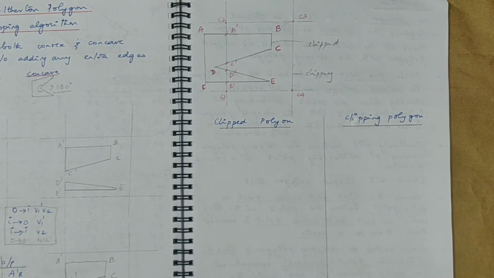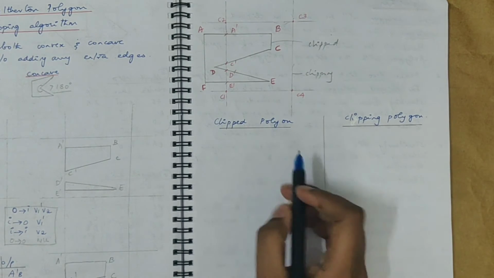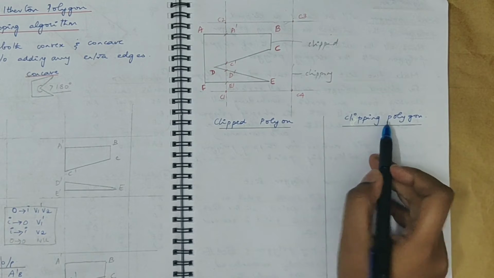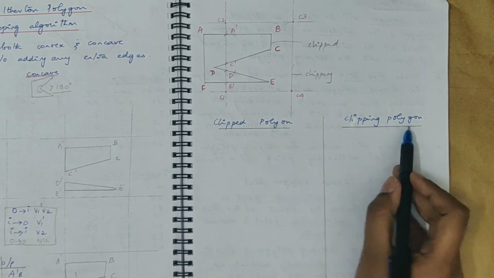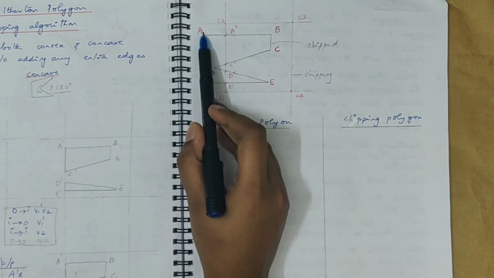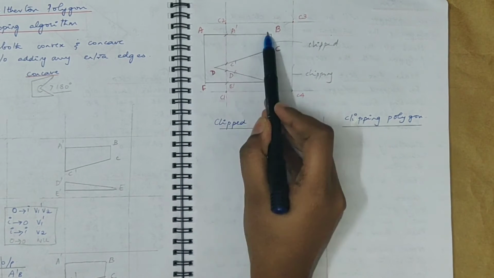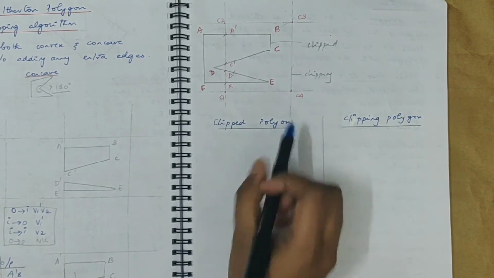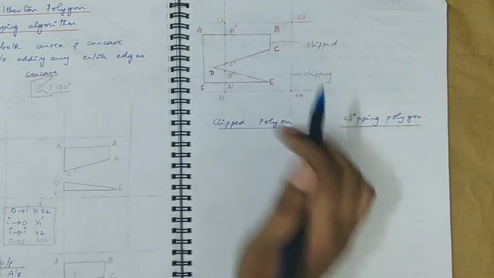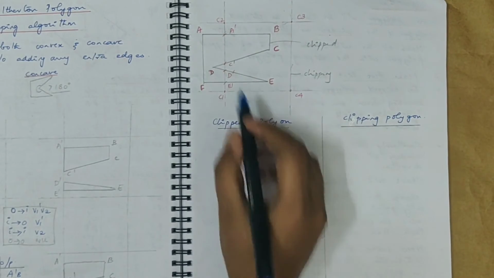Now what you have to do is make two lists. One list will be for the clipped polygon and the other for the clipping polygon. You start from one vertex and keep adding all the vertices, including the intersecting points, to the list for the clipped polygon.